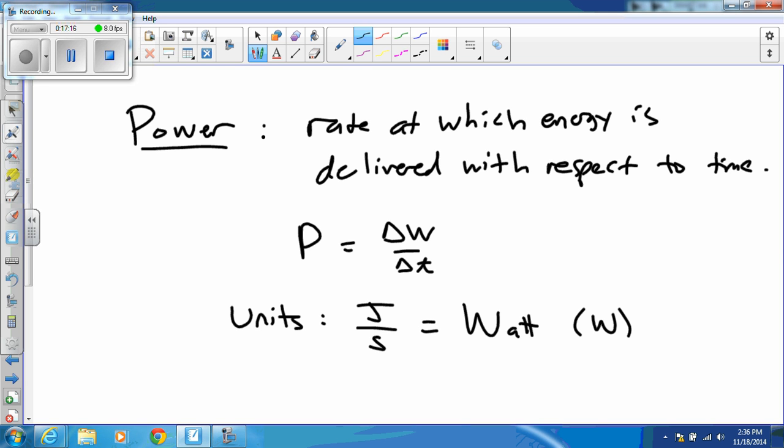A Newton is a kilogram meter per second squared. So a Newton meter per second is a watt, and that would be a kilogram meter squared per second cubed. Which is totally worthless.